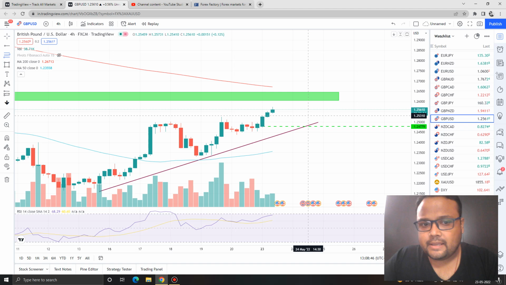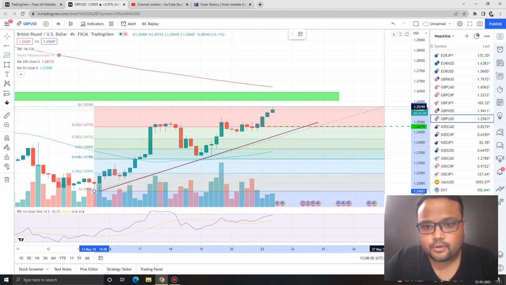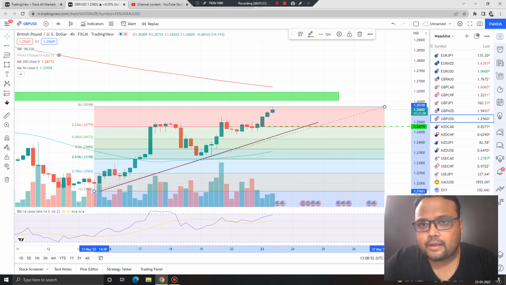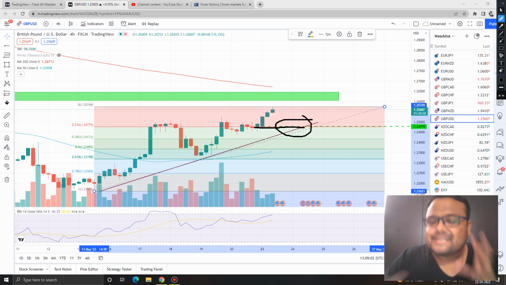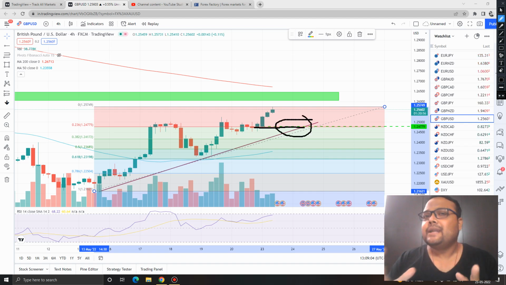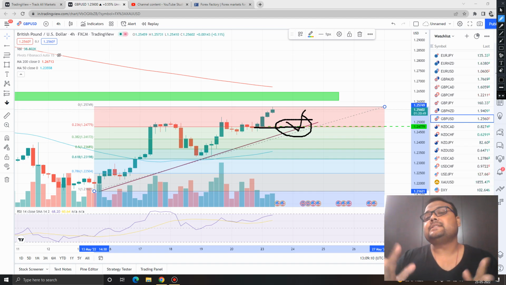But at this level, if we draw the Fibonacci, we can see that around 1.2470, 1.2480, we have the Fibonacci 23.6% retracement level, and we also have the trend line. So I think there is a possibility that if the market comes down for a correction, it may bounce as well. But keep in mind, these levels will only work in case of a correction only.